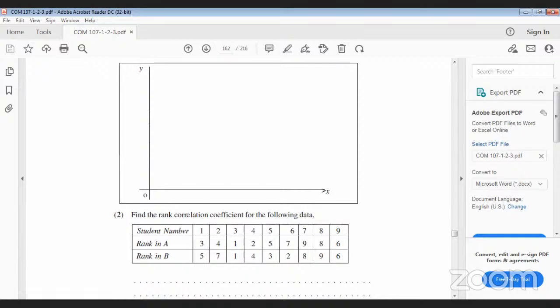Then we have to make the square of this column. In this last column you will find 2 into 2 is 4, 3 into 3 is 9. 0 square is always 0.